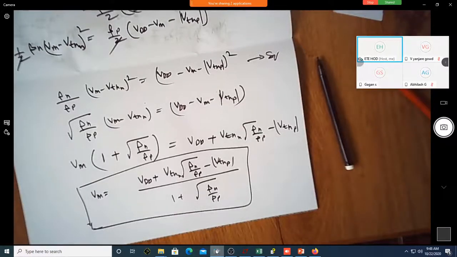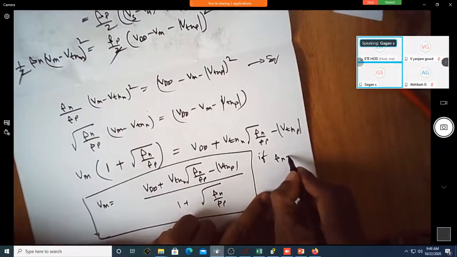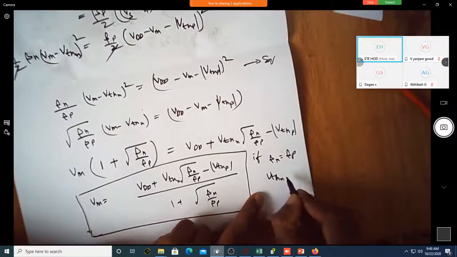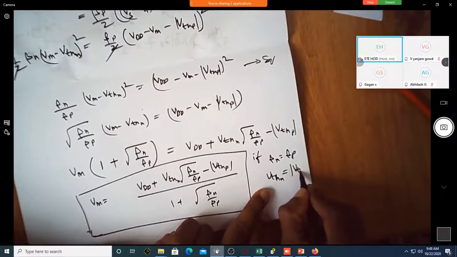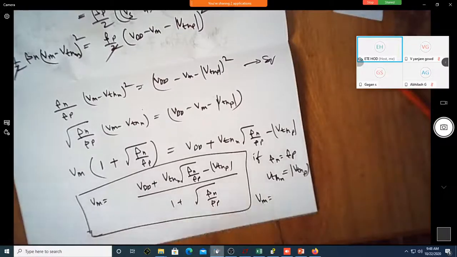Yes, sir. Now, if beta n is equal to beta p, and Vth of n is equal to magnitude of Vth of p, what is Vm?